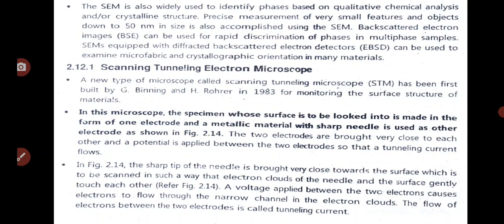The images produced and detected are used to analyze the topography of the crystal material, the composition of the material, and to understand the nature of the surface of the material or sample.